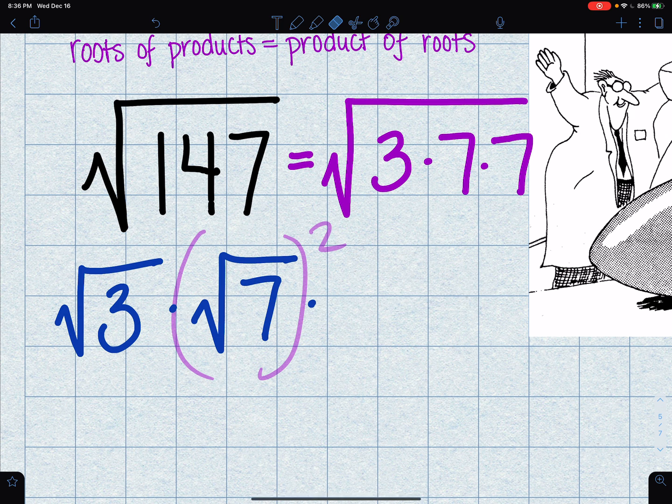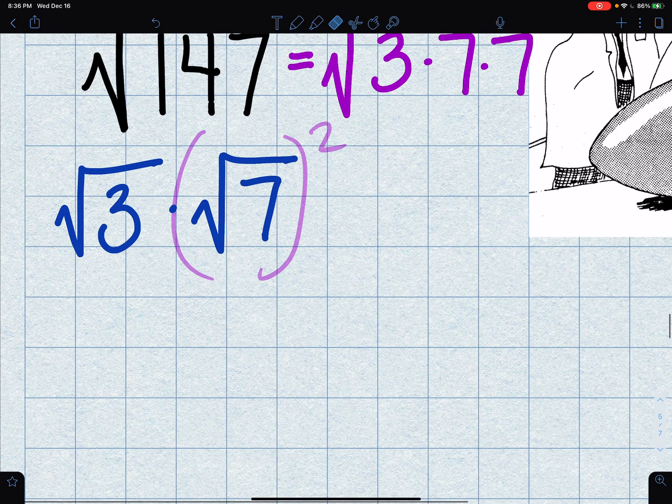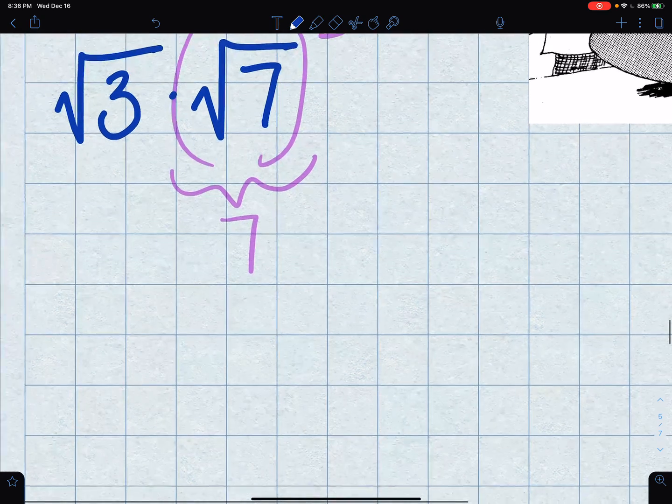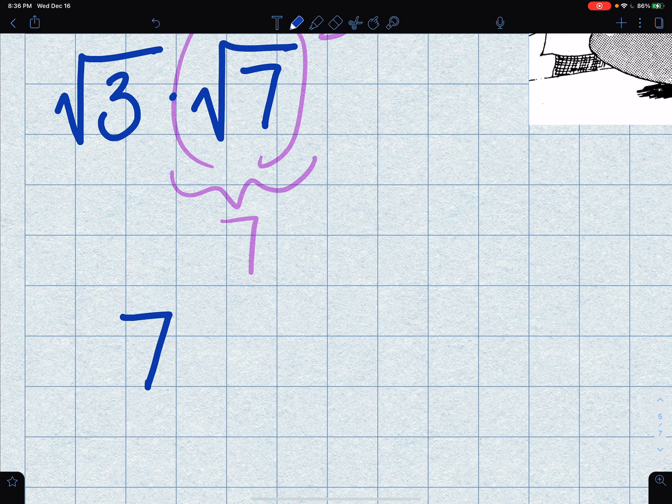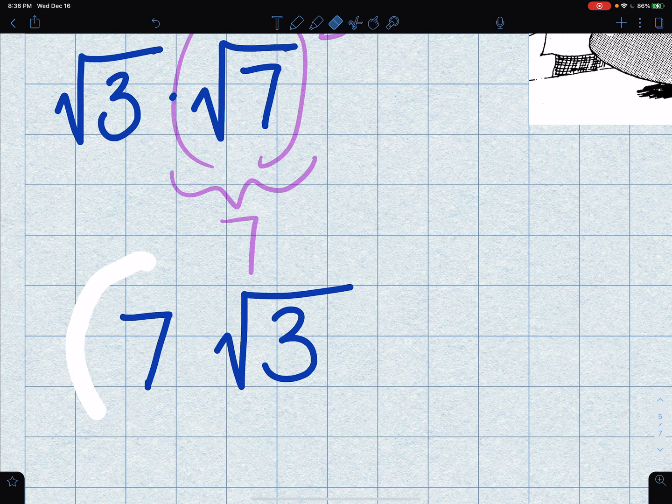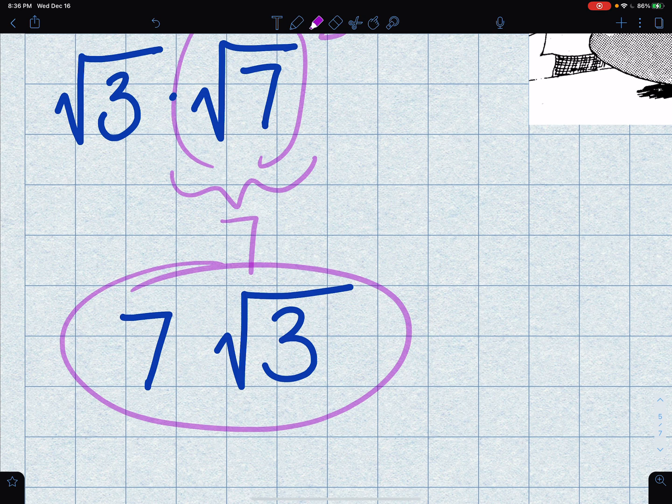So that squared is just going to reduce down to just a simple 7. So then what it all boils down to is 7 times the square root of 3. So it's usually written in this format. So the square root comes after, and you write the regular whole number right there. That's how it's usually written.